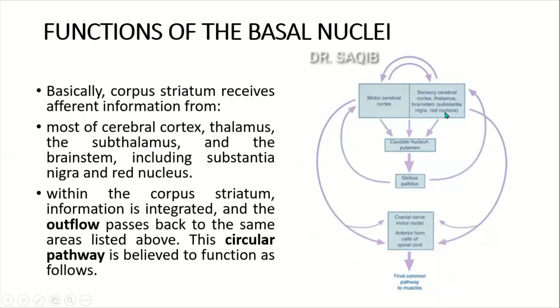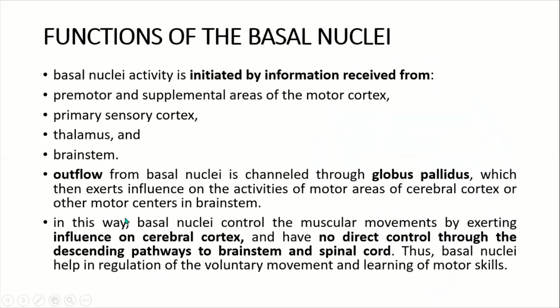This is the input coming from the motor cortex of the cerebrum, and this is the sensory cerebral cortex, thalamus, brainstem, substantia nigra, and the red nucleus. Within the corpus striatum, information is integrated and the outflow passes back to the same areas listed above. This circular pathway is believed to function as follows.